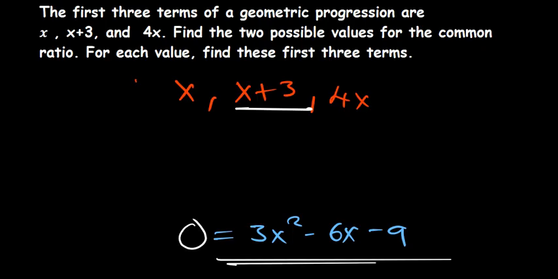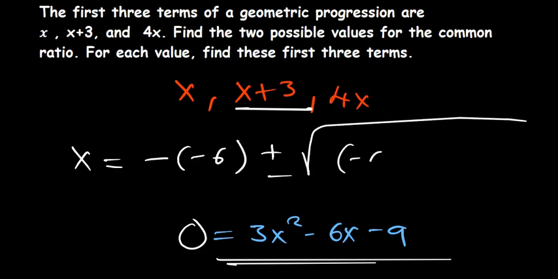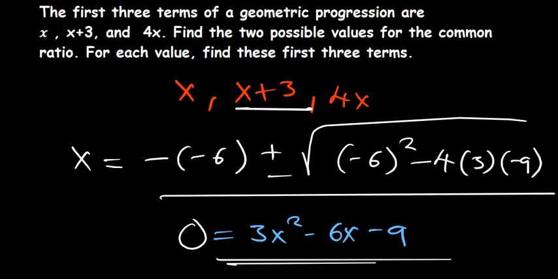Use the formula: negative b, so negative negative 6, plus or minus the root of b squared, in this case negative 6 squared, minus 4ac. Our a is 3, our c is negative 9, divided by 2a, where a is 3.